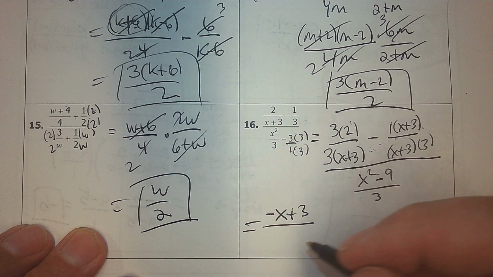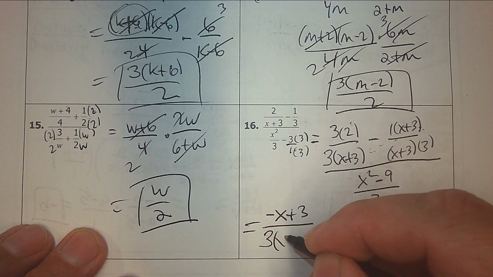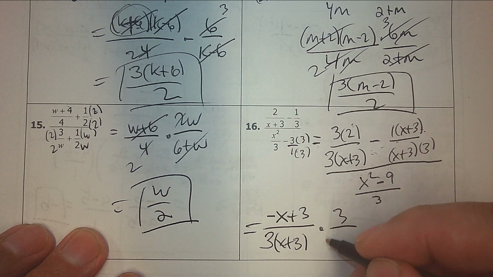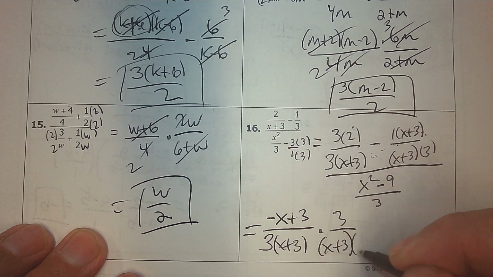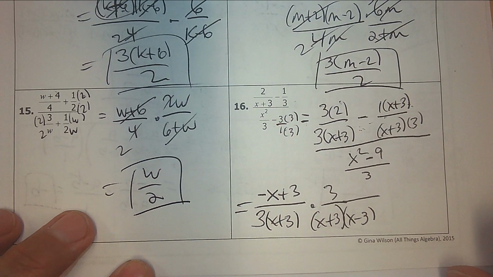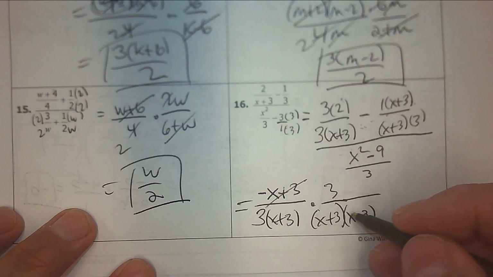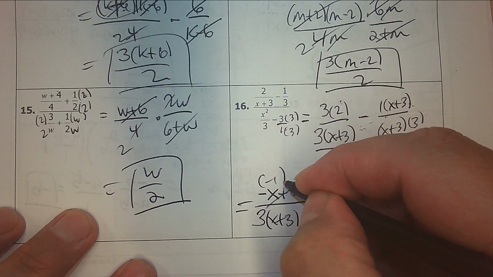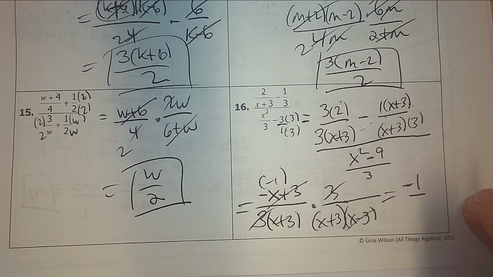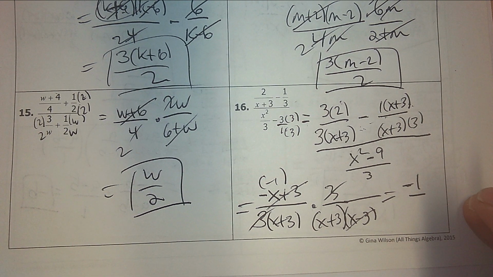The common denominator there is 3x plus 3 times the reciprocal, and that's a difference of squares. Recognize the opposite factor here. So that's negative 1. 3's are gone. So I'm left with negative 1. Or is it exactly the same?